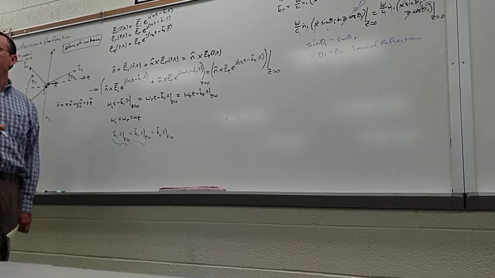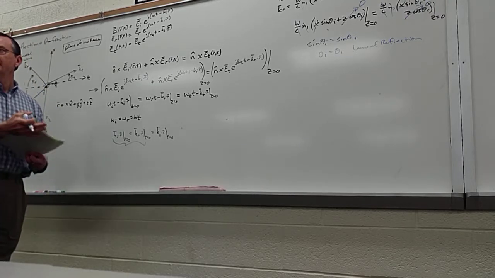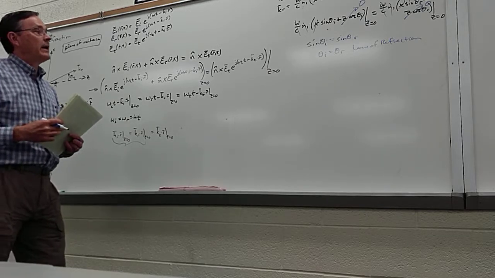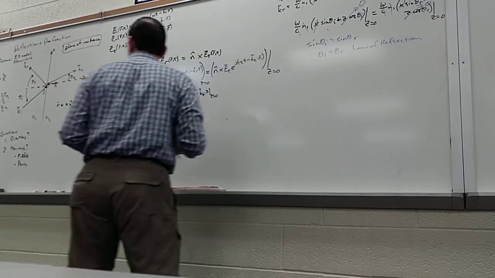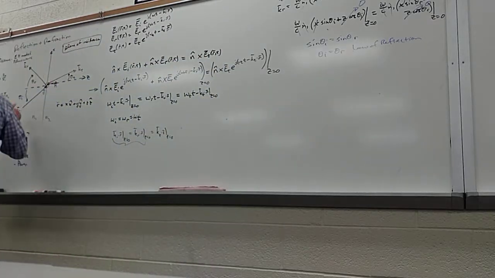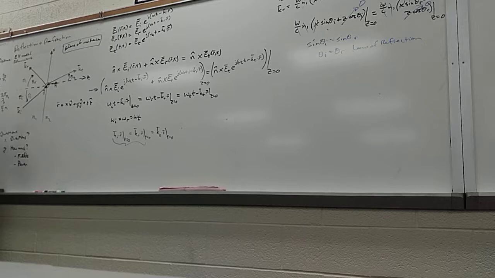So it falls right out of the boundary conditions. And because these are the same, let's change our notation over here and call this theta 1 because we're in material 1. And now we know that is also theta 1.